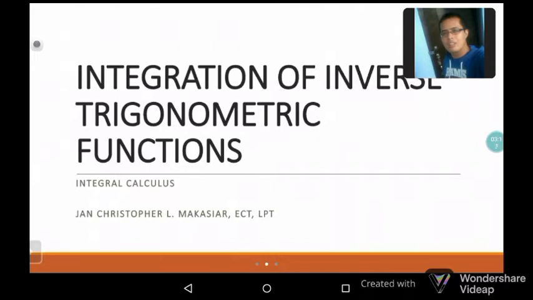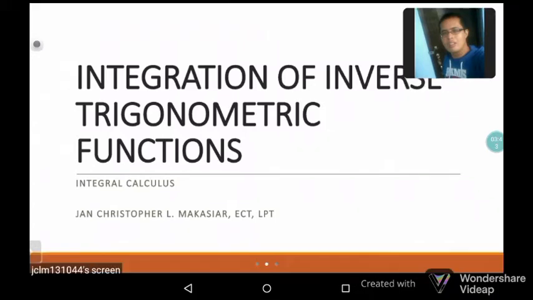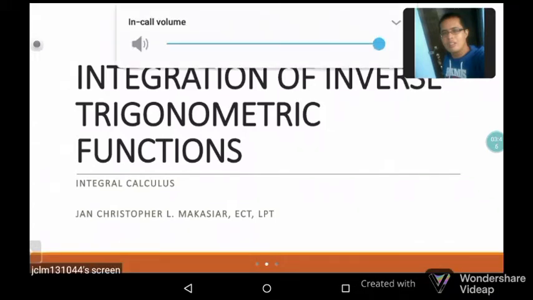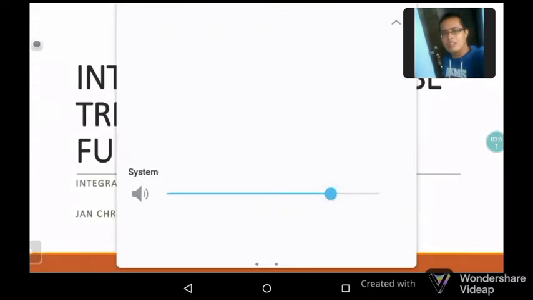Okay, so our topic for today, since our last topic is all about integration of trigonometric functions, no? So kung may trigonometric functions, we also do have integration of inverse trigonometric functions.